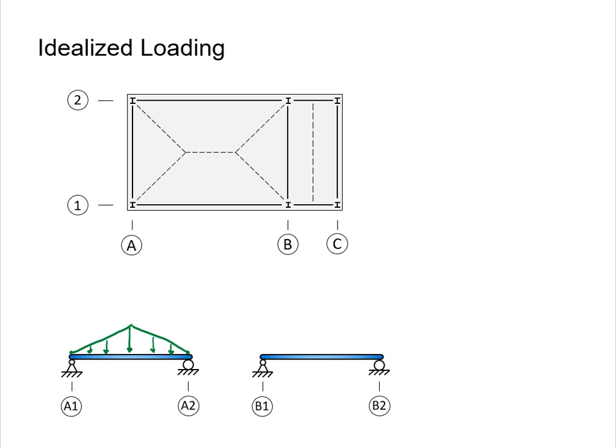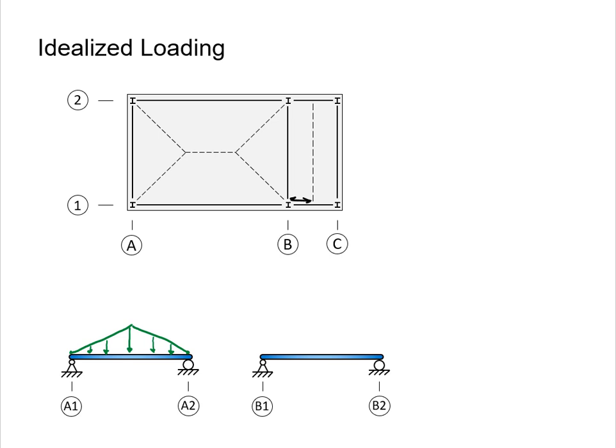Now consider beam B1, B2. This supporting member carries a triangular region from the left in this plan view and a rectangular region from the right. The tributary width at the ends is the distance from the rectangular region. The tributary width then increases linearly to a peak at midspan.